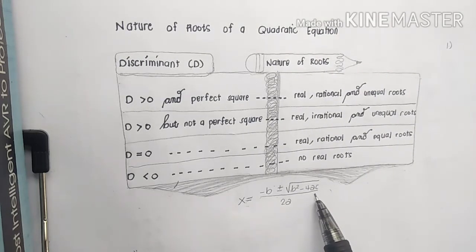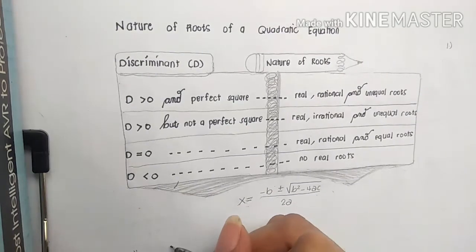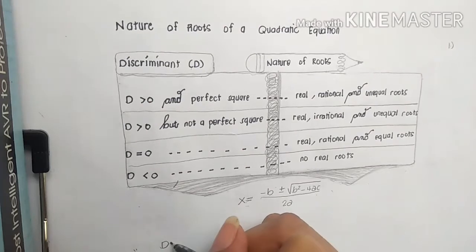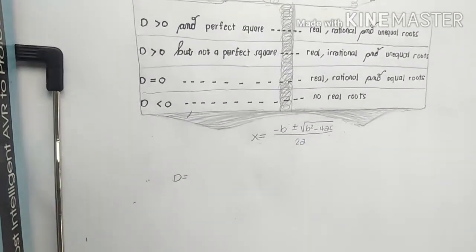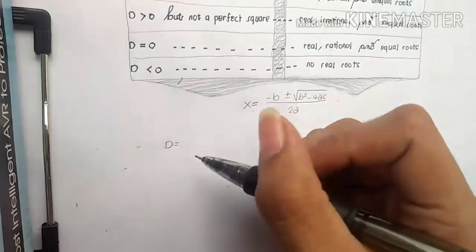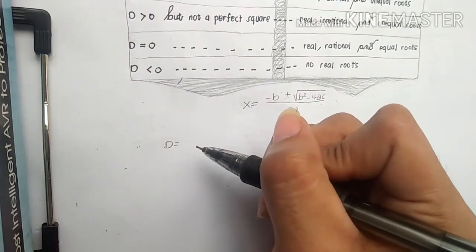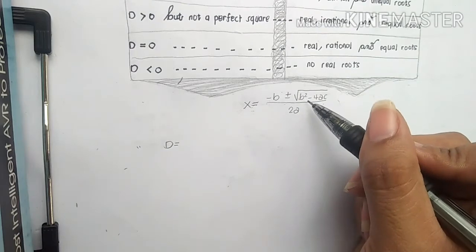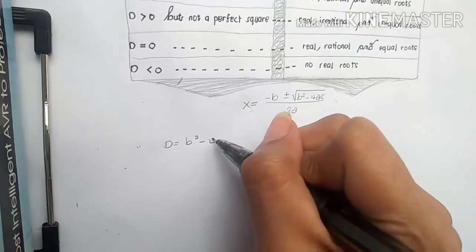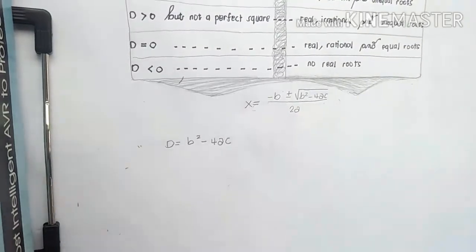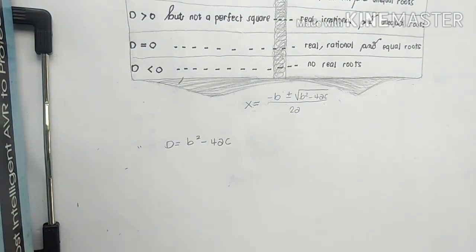So this will be our formula in getting the discriminant: discriminant is equal to b squared minus 4ac. Don't forget that. That is the formula in getting the discriminant.